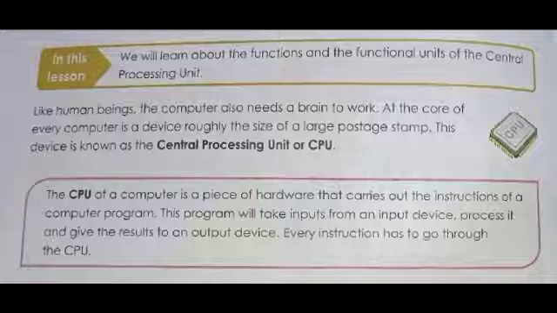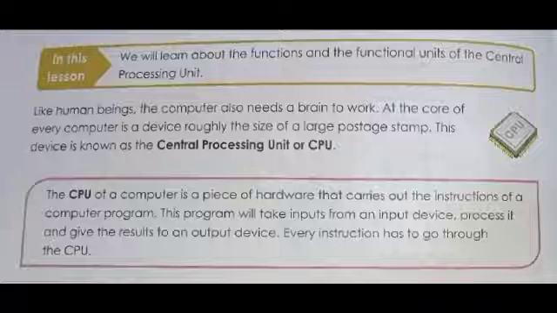In this lesson, we will learn about the functions and functional units of the central processing unit. Like human beings, the computer also needs a brain to work. At the core of every computer is a device roughly the size of a large postage stamp.